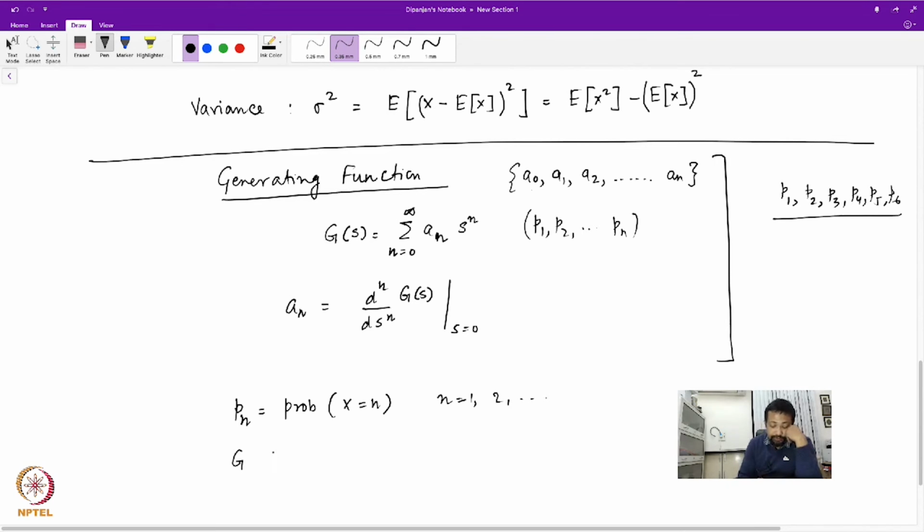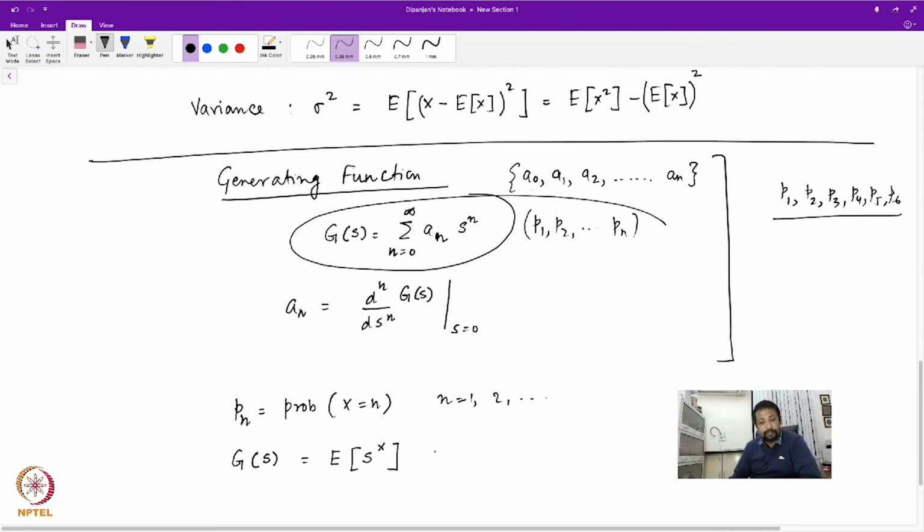Then G of s. I want to now use this terminology. This thing that we have learned is essentially E of s to the power x, which is the sum over P_n s to the power n, because x can take integer values n.